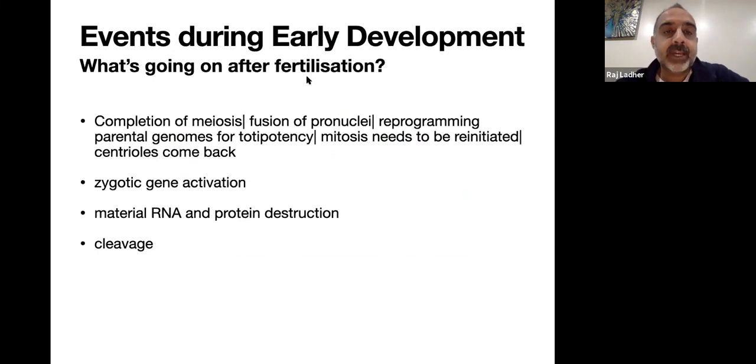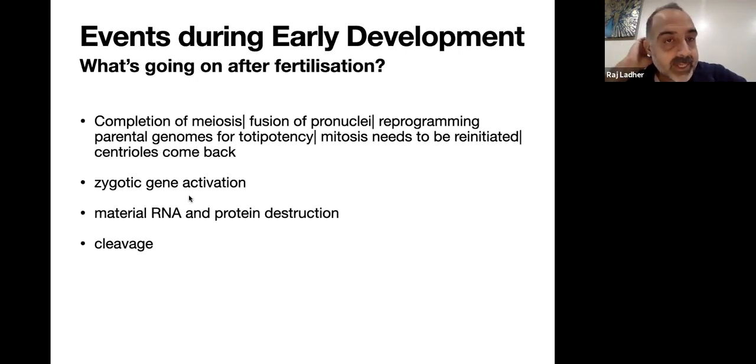As I mentioned in one lecture a long time ago, the things that happen soon after fertilization are, number one, the completion of meiosis, the fusion of the parental nuclei, the pronuclei, the reprogramming of parental genomes for totipotency, mitosis needs to be reinitiated, and the centrioles come back. And so these are the steps that are fairly common to every embryo.